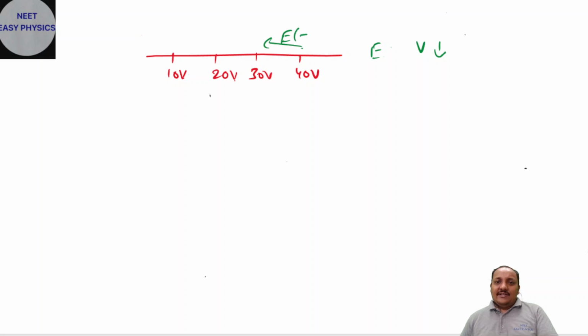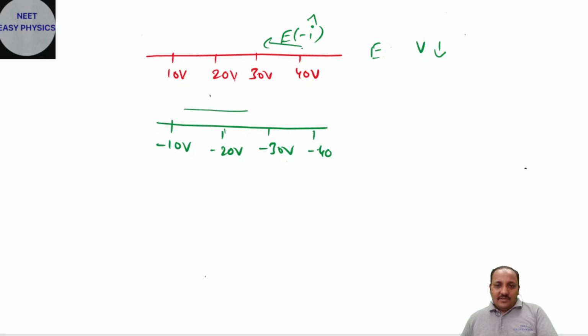Therefore, electric field intensity will be having direction minus i cap. So same question they will give minus 10 volts, minus 20 volts, minus 30 volts, minus 40 volts. Now, which direction is decreasing? Right side it is going to decrease. So E is i cap. So 0 volts like this.